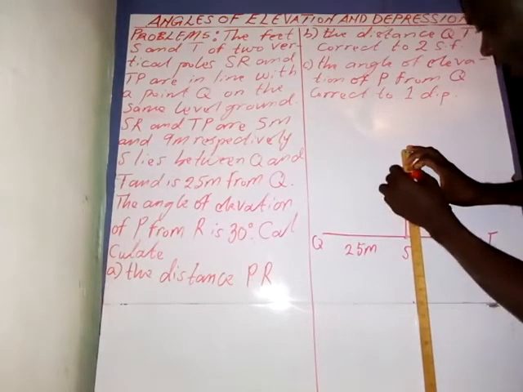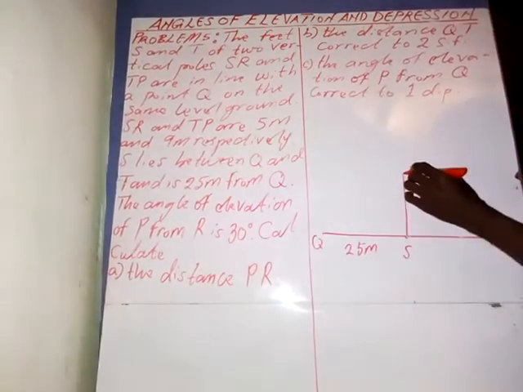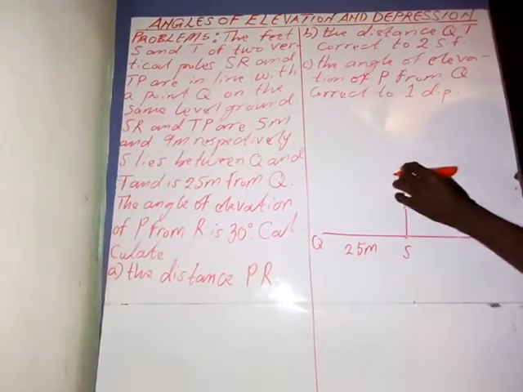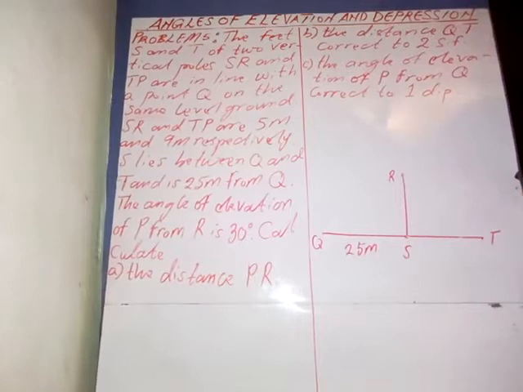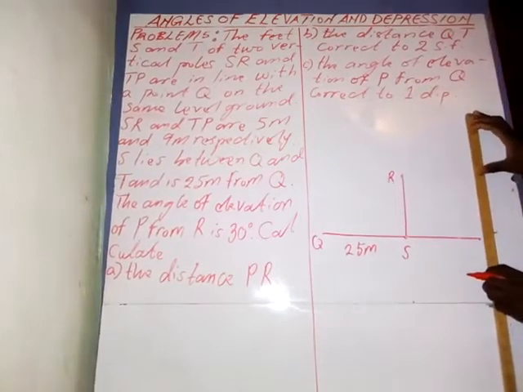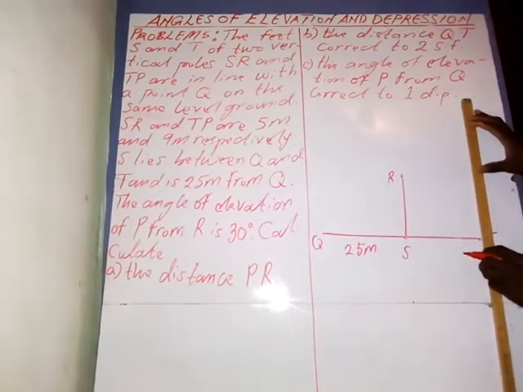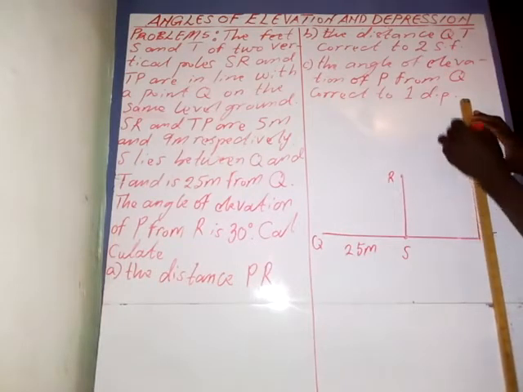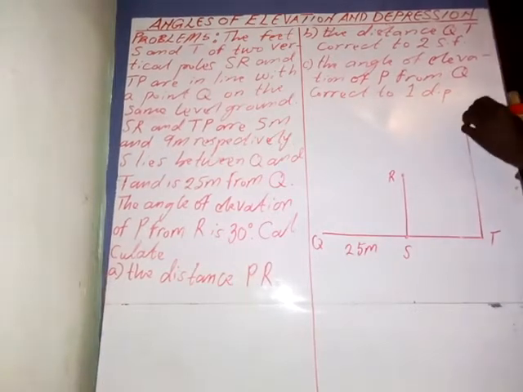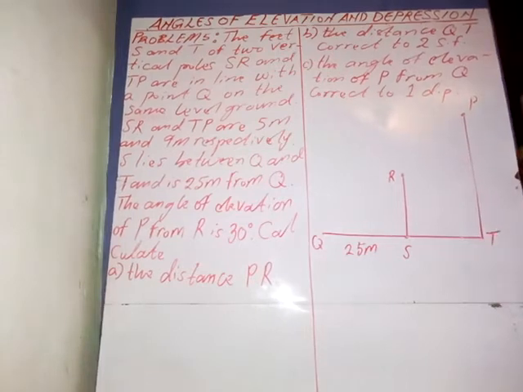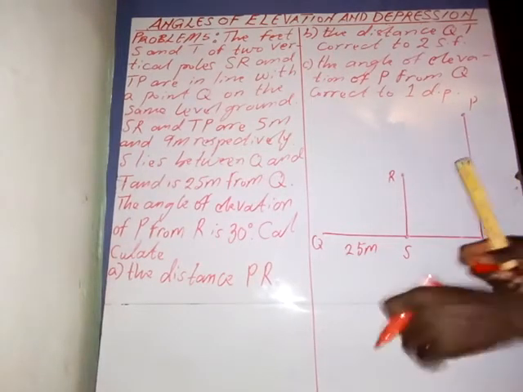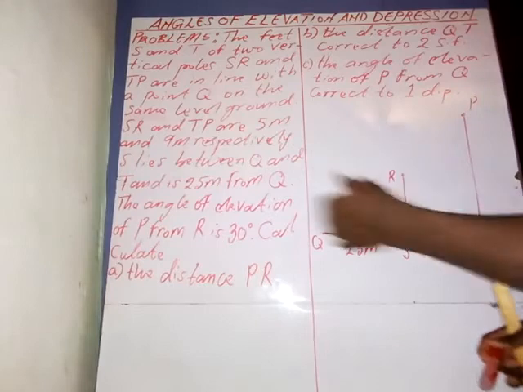So you draw a vertical line, and this is point R here. Then we have TP now, pole TP. So this point is point P. So just follow the way I'm interpreting it.